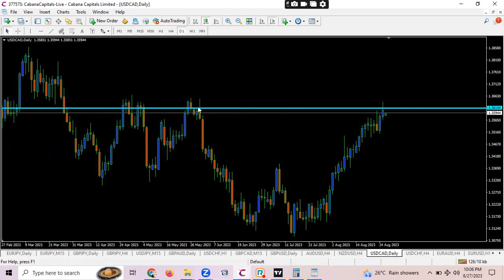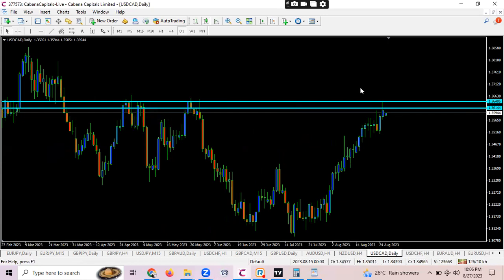On daily, we had this resistance zone, and that was the reason for this rejection. So if a 4-hour candle closes above this zone, you might want to consider buying USD CAD.